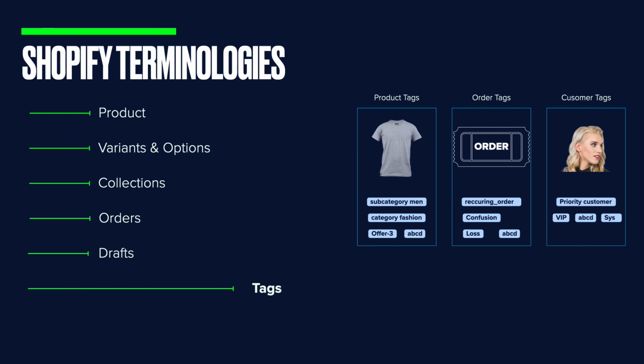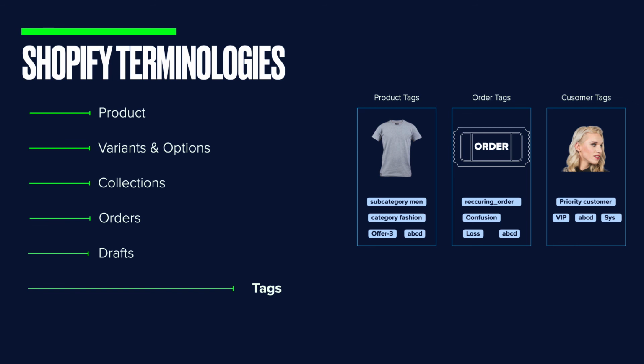And when a party or something happens in your company and you want to invite those VIP customers, you will go to Shopify and say give me all customers which have the tag VIP, and Shopify will categorize them and give it to you as a list, and you could use them to invite.